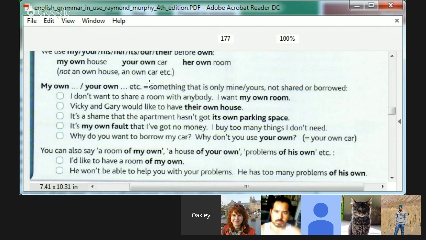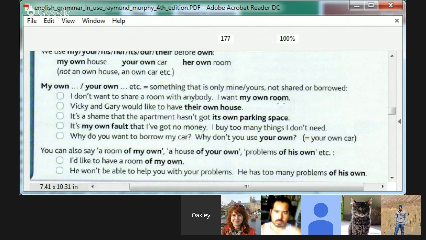My own, your own, his own means something that's not shared or borrowed. For example, I don't want to share a room with anybody, I want my own room. So we're using it to emphasize not shared or borrowed. Vicky and Gary would like to have their own house.